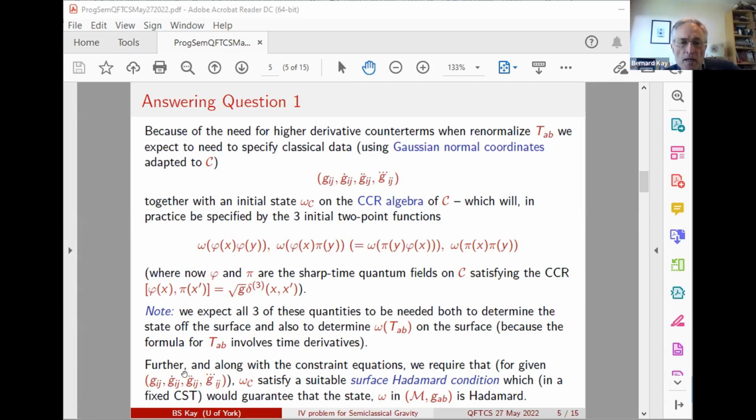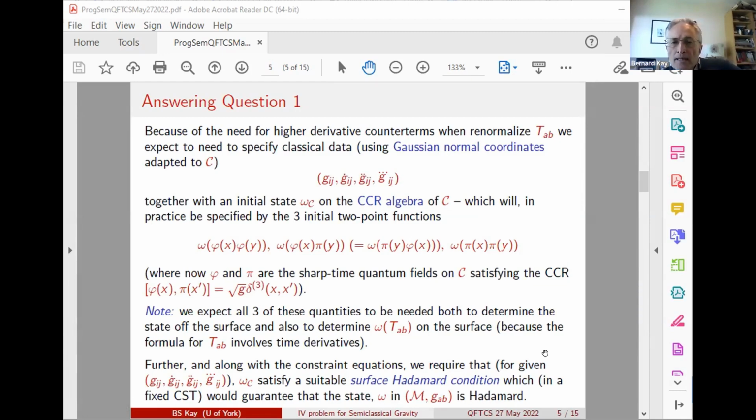Further, along with the constraint equations, we expect that we'll need to require that for given such classical data, omega C will satisfy a suitable surface Hadamard condition, which, let's say in the first instance in a fixed curved spacetime, would guarantee that the state omega on the Cauchy development is Hadamard.